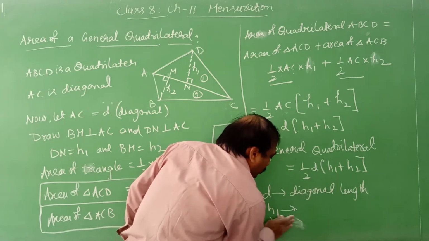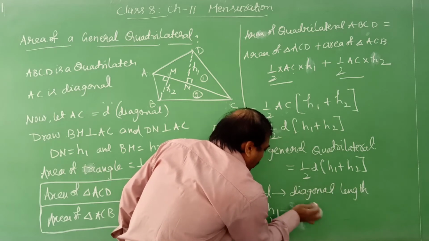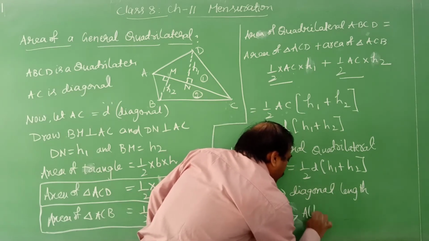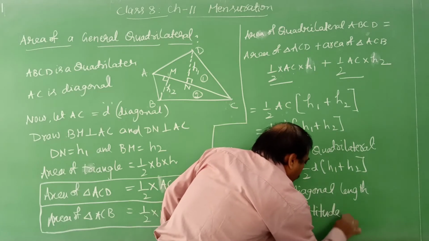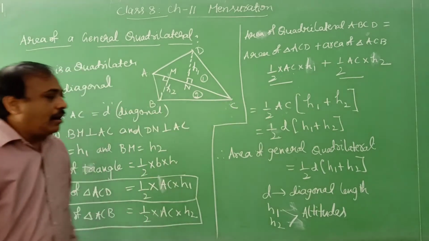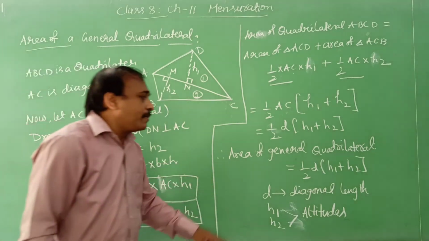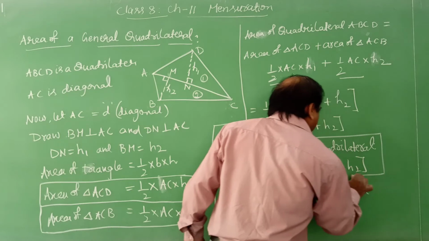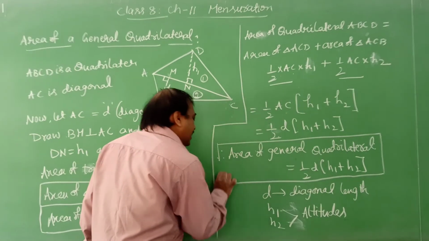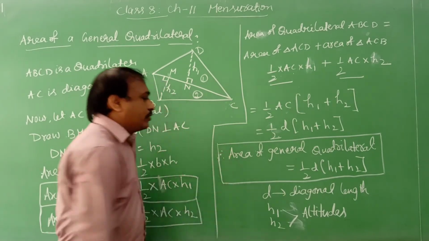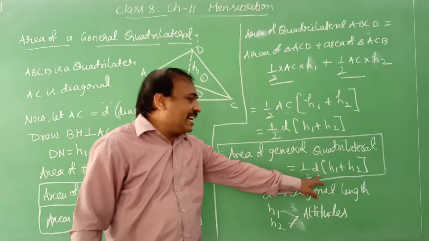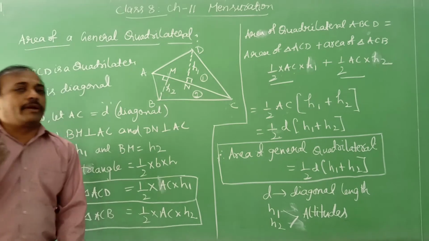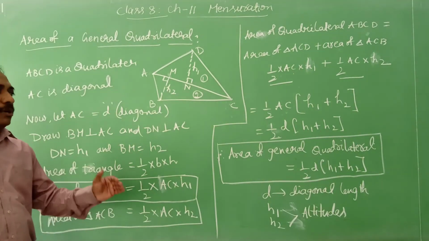h1 and h2 are corresponding altitudes. So the area of the quadrilateral is half d into h1 plus h2, where d is the diagonal, and altitude 1 plus altitude 2 are the corresponding altitudes from different vertices.